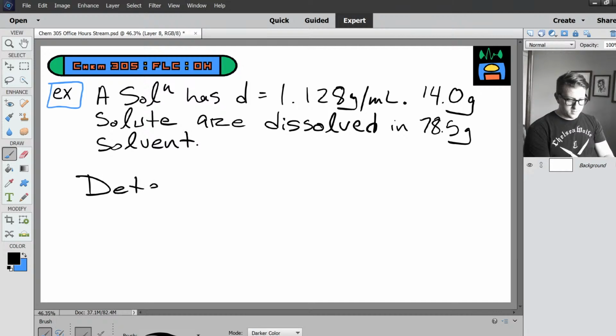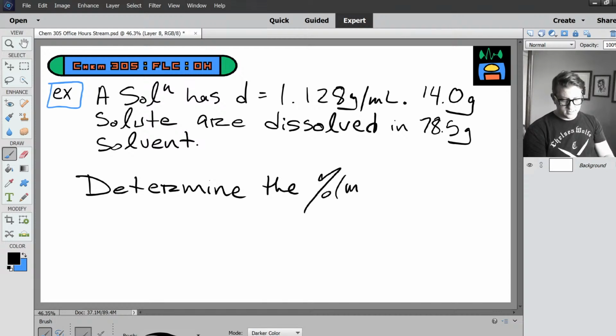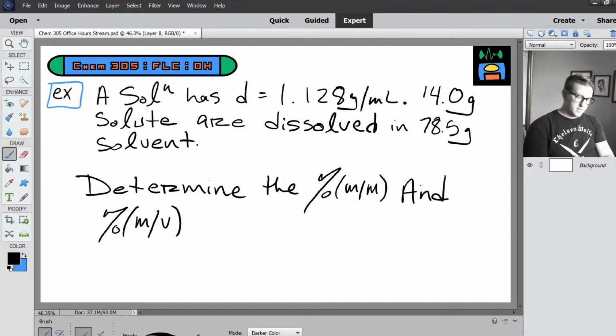Determine the percent mass and the percent mass to volume. All right, so that's, Brianna, there's an example of concentration percent units. We'll come back to that.